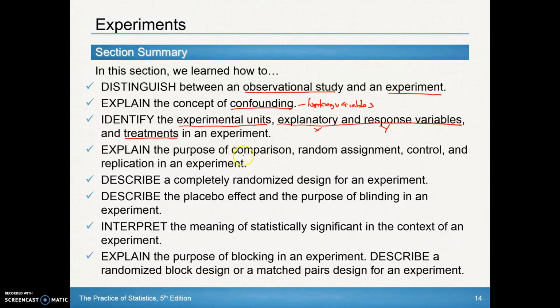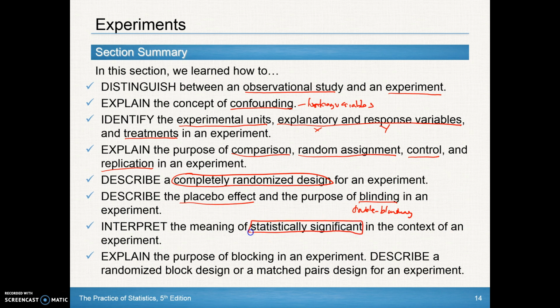Then we've got the four important parts of experimental design: comparison, random assignment, control, and replication. You should understand what a completely randomized design for an experiment is, what the placebo effect is, and blinding and double blinding, what those vocabulary words are. Statistically significant, in other words, the differences are so large they couldn't occur by chance.